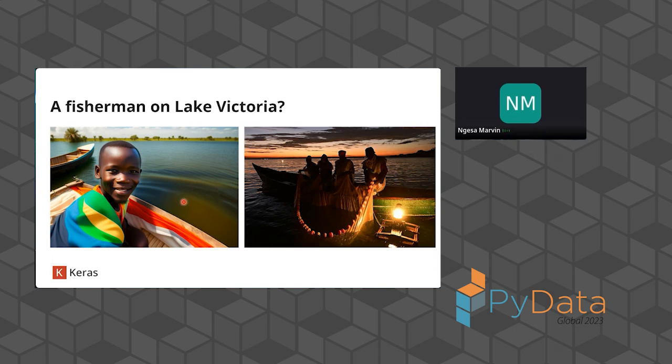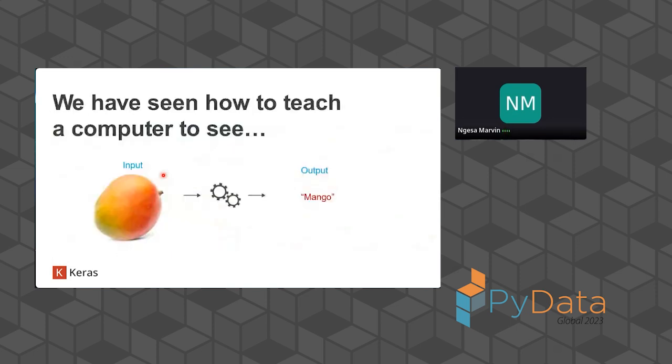It's probably easy to know that this one is generated, at least from my past sessions, and this one is a true image. This is an image from BBC on how people are fishing on Lake Victoria. Lake Victoria is in East Africa, in Kenya, Uganda, and Tanzania. And this is an image generated, maybe a fisherman on Lake Victoria.